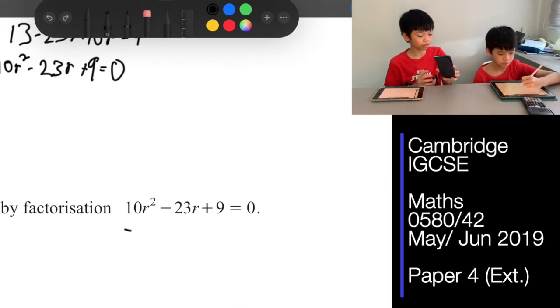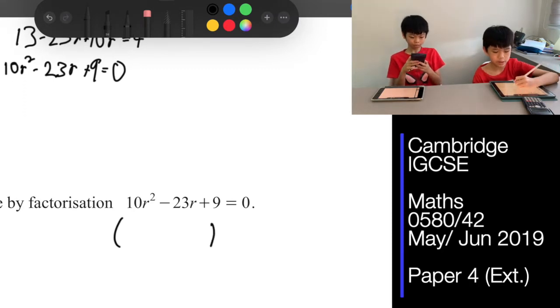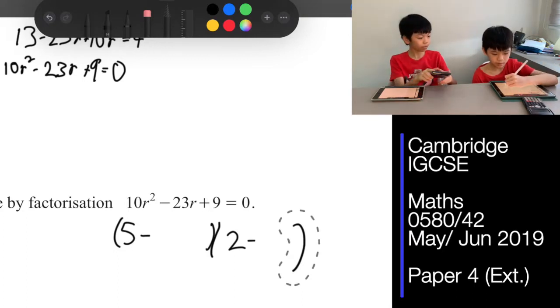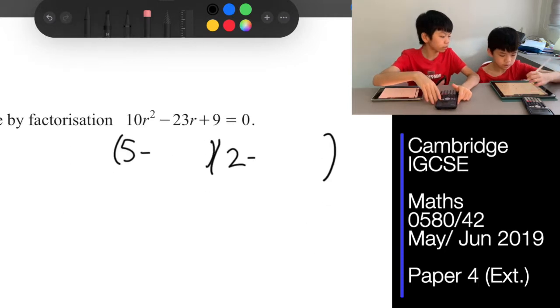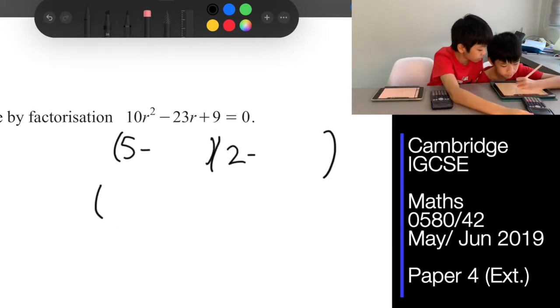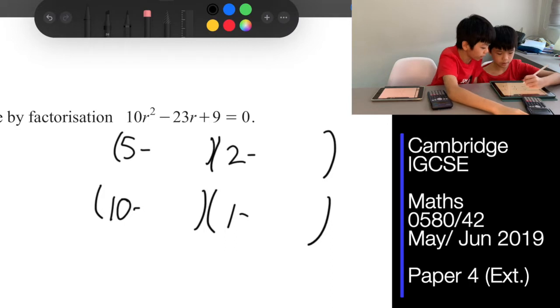First we draw double brackets. So it can be 5, 2. And then because of this minus and plus, we definitely know that it is minus minus. So it's either 5, 2 or it could be 10, 1.